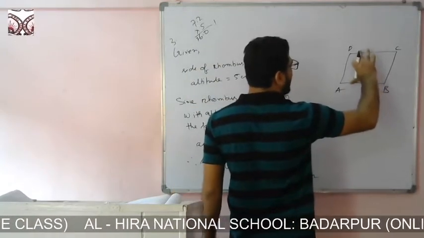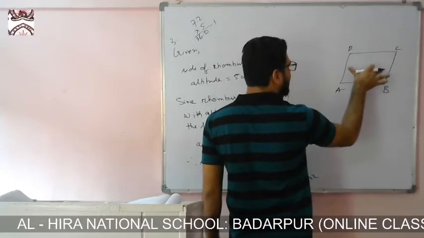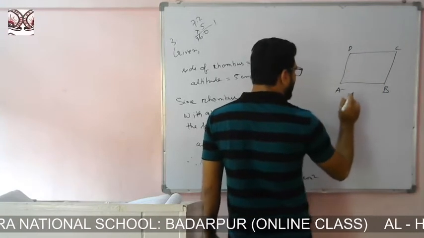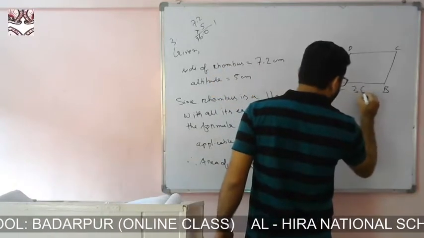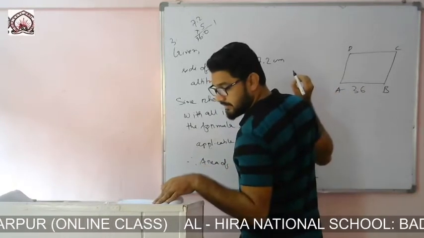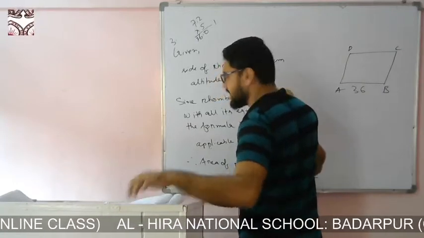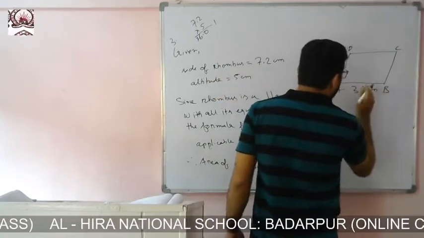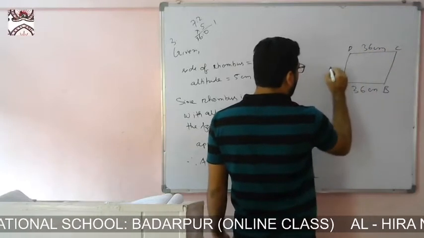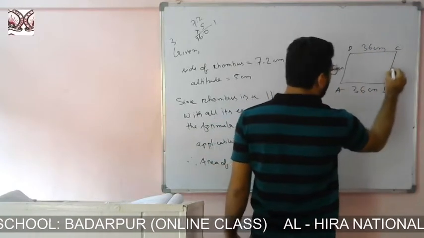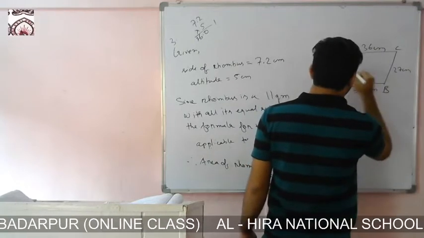So these are the longest sides of the parallelogram and these are the shortest sides. The longest sides are given as 36 centimeter, so the opposite side will also be 36 centimeter. And the shortest is 27 centimeter, then the opposite will also be 27 centimeter.